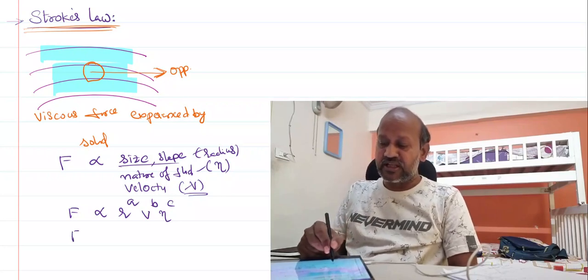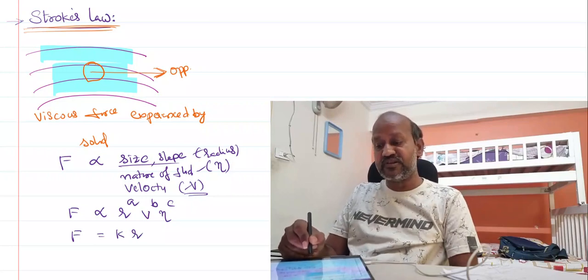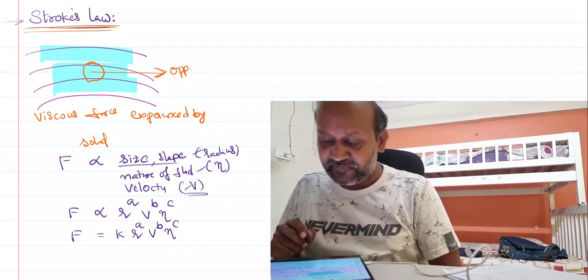That proportionality can be eliminated by keeping a constant k, a proportionality constant, which has no units or dimensions. So F = k r^a v^b eta^c.